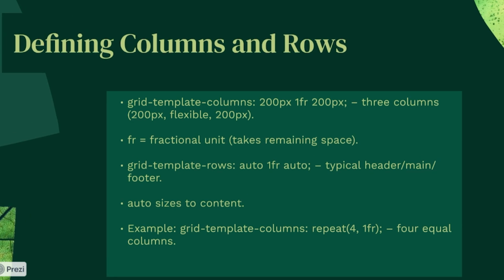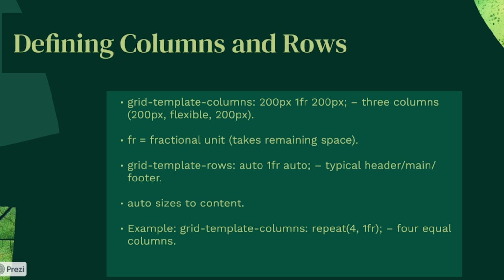Columns and rows. The most important things in the grid system are columns and rows. Now let's see how to create rows and columns in a grid system. We use the property grid-template-columns to define the width of columns. For example, we can create a column with a fixed size like 20 pixels, or a flexible size.